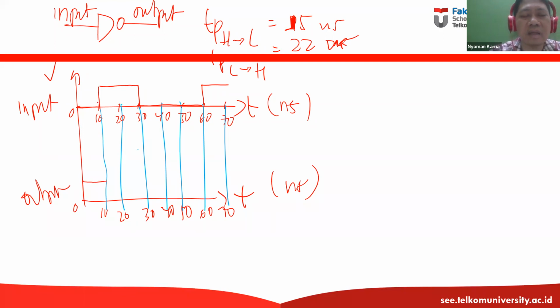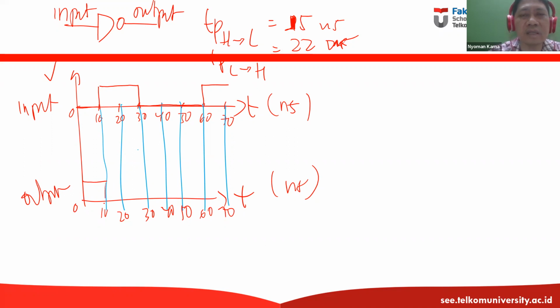And then the input changes from low to high. In an ideal world, when the input changes from 0 to 1, the output is supposed to become 0. So in an ideal world, it's supposed to be in here.